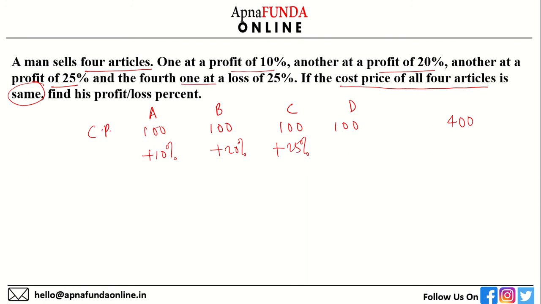And the last one, D, is sold at a loss of 25%. We need to find the selling price of all these 4 articles. And once we have the selling price, we already have the cost price, we will be able to find whether it's a profit or a loss.